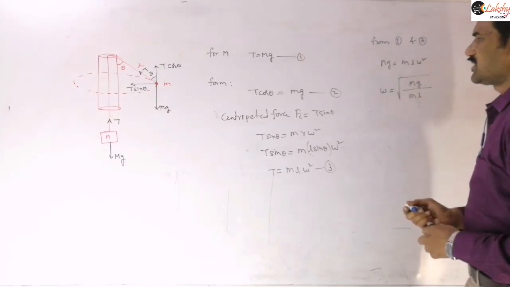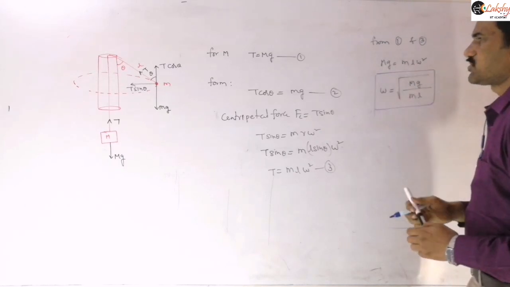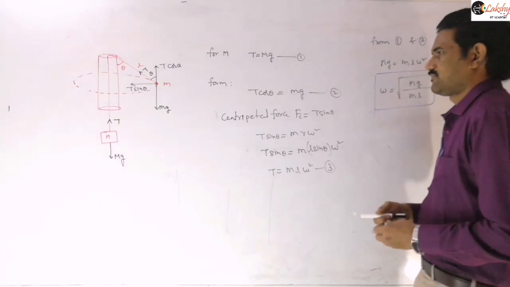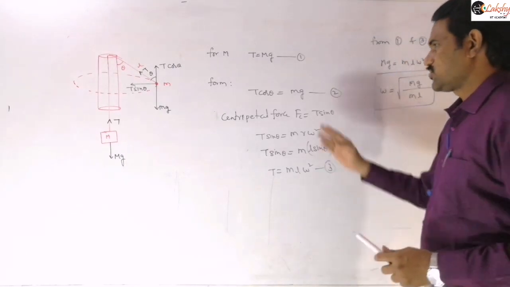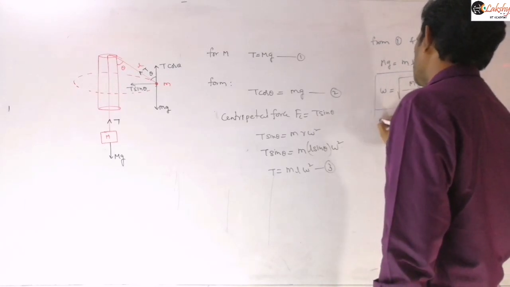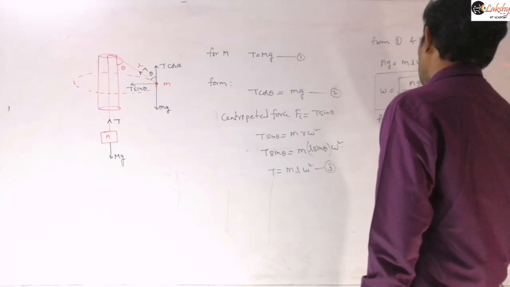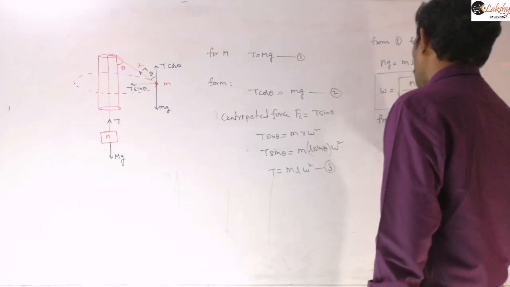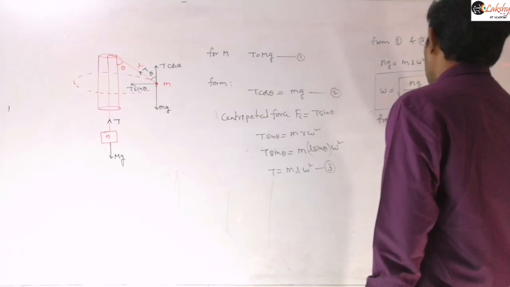If they ask for the theta value, then we can calculate it using another equation. Suppose theta is also to be calculated, then you can combine these two equations. From equations 1 and 2, Mg cos theta is equal to small mg.